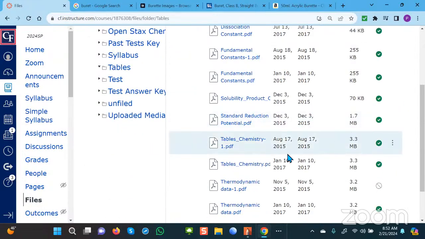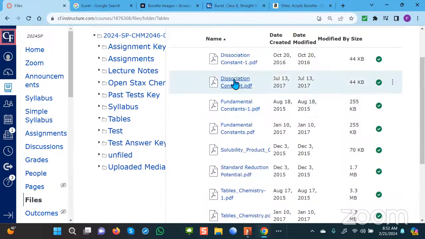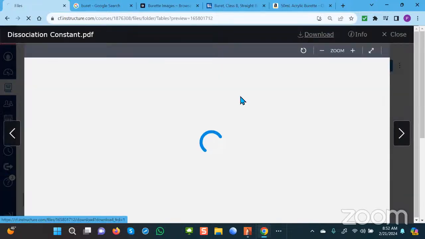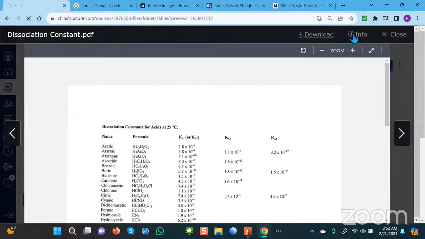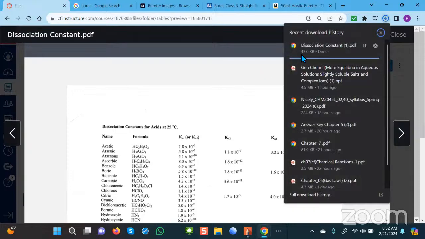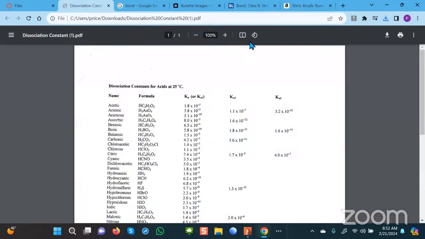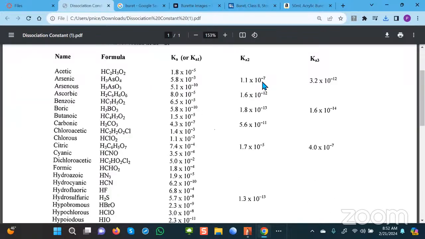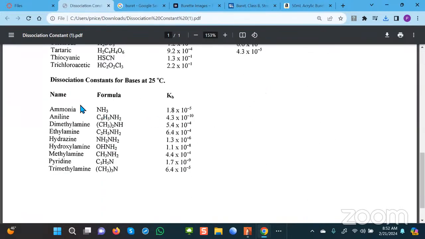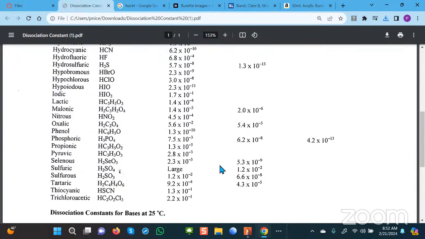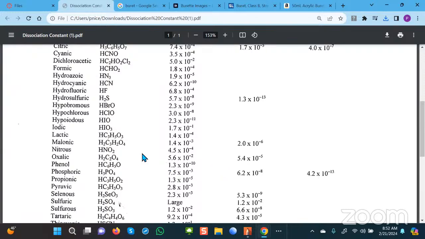Okay, so we're looking for dissociation constants. This is the table that you'll have access to in your future tests and exams. If you look among the bases here, you do not see the nitrite ion. However, if you look up top here, you'll see that it does provide the Ka value for nitrous acid.